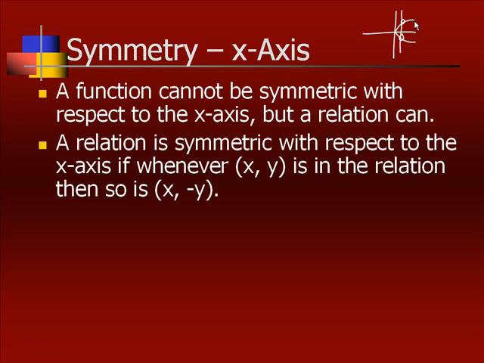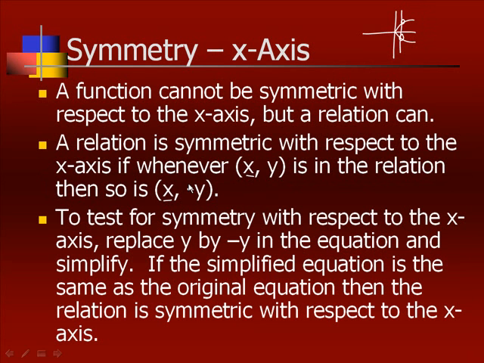A relation is symmetric with respect to the x-axis if whenever (x, y) is in the relation, then so is (x, negative y). For any particular x value, the y values, one will be positive, one will be negative.